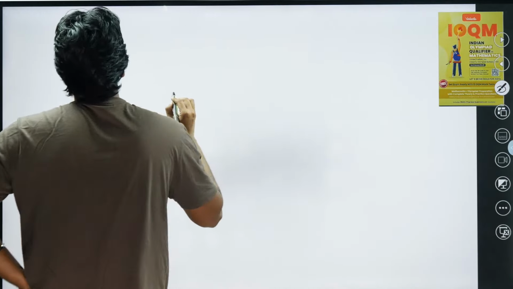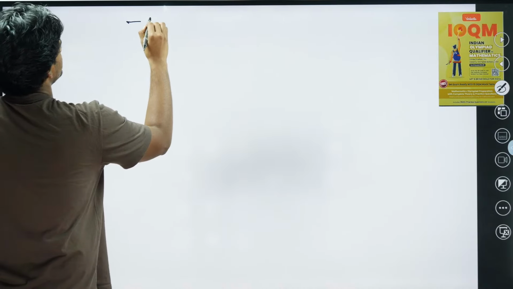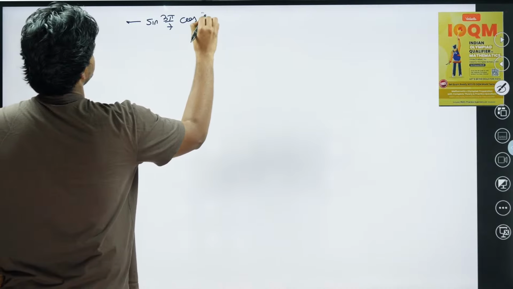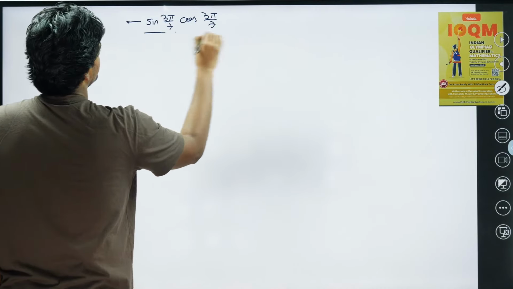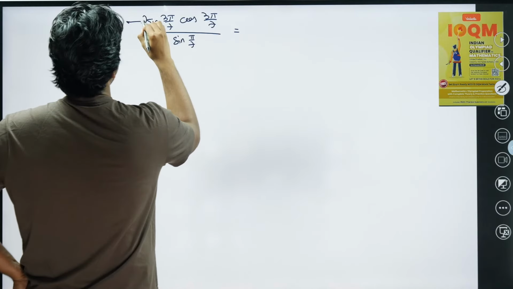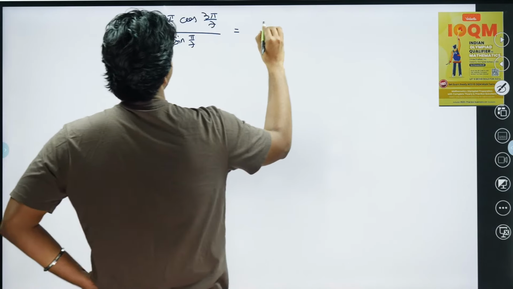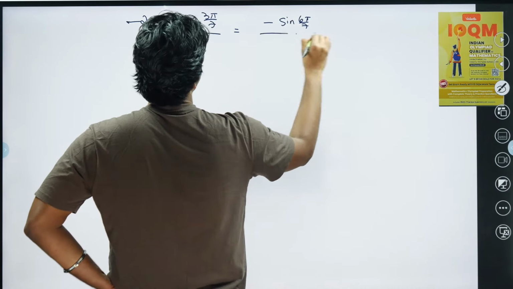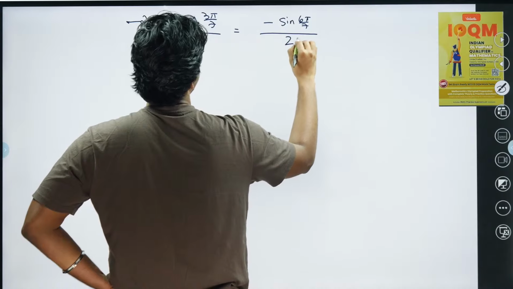If I multiply by 2, that will be minus sine 6 pi by 7 over 2 sine pi by 7.